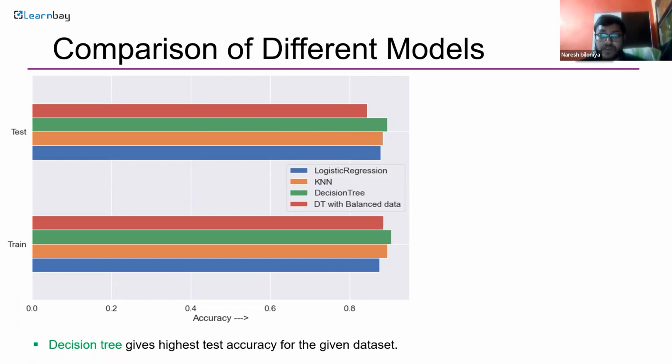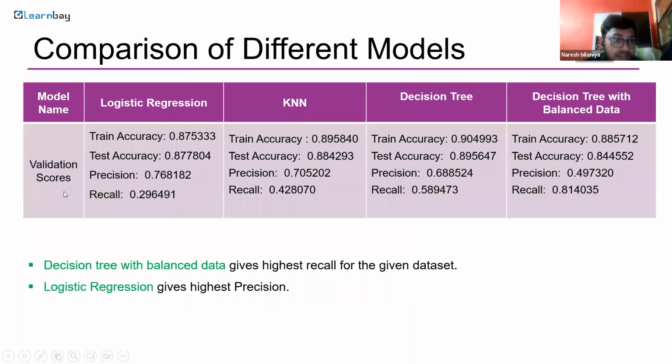So if we are talking about accuracy only, we can go with the decision tree. But accuracy is not the only thing when we are solving a classification problem. So here is a comparison with different validation scores. We have our four models: logistic regression, KNN, decision tree, and decision tree with balanced data set.